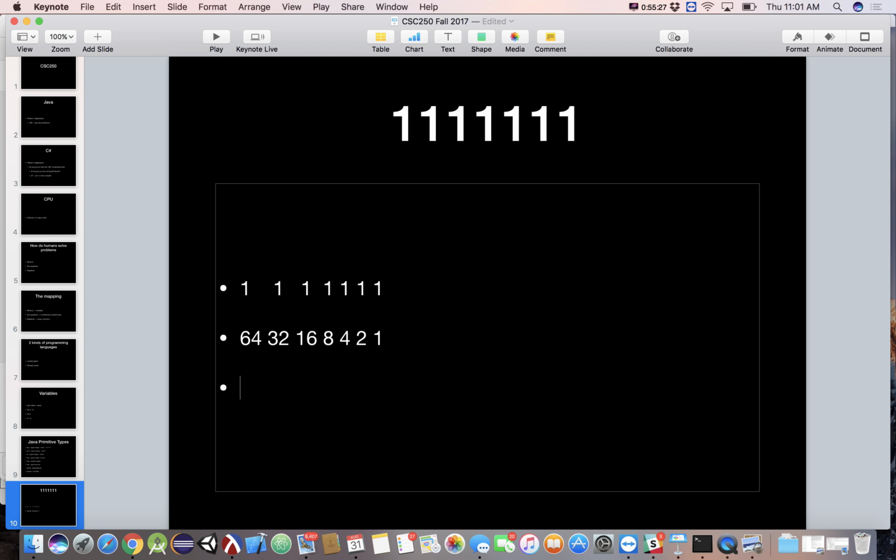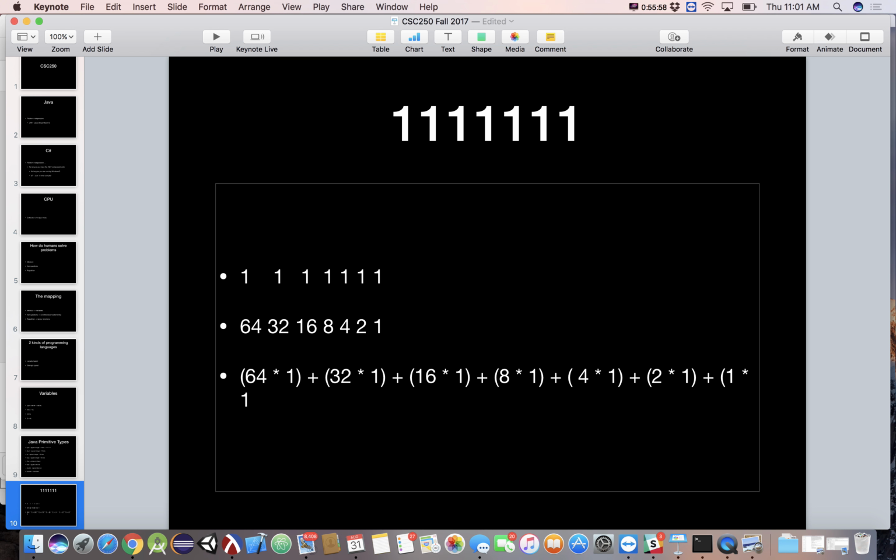So to get our actual value here, we'll take 64 times 1 plus 32 times 1 plus 16 times 1 plus 8 times 1 plus 4 times 1 plus 2 times 1 plus 1 times 1.